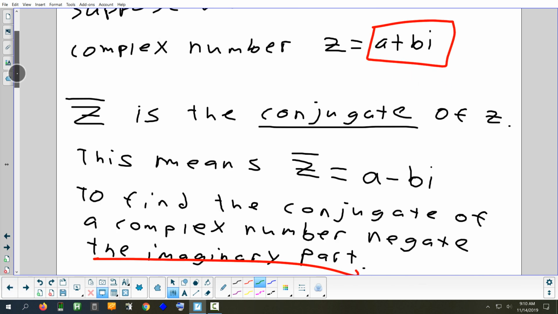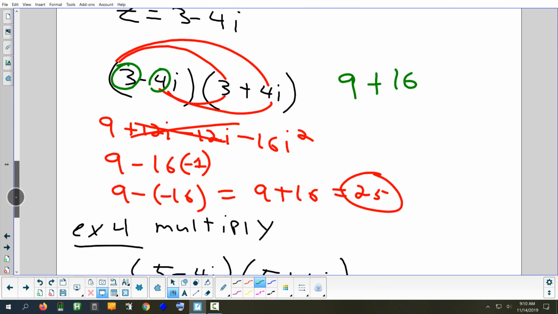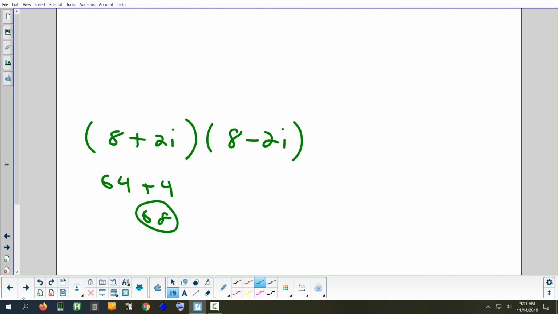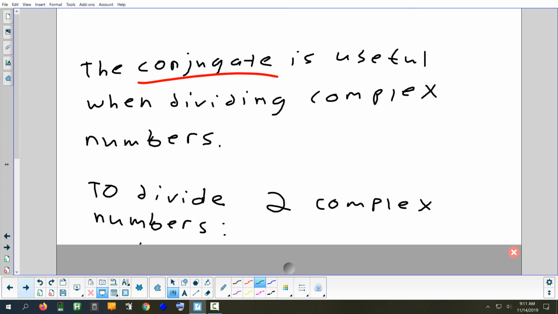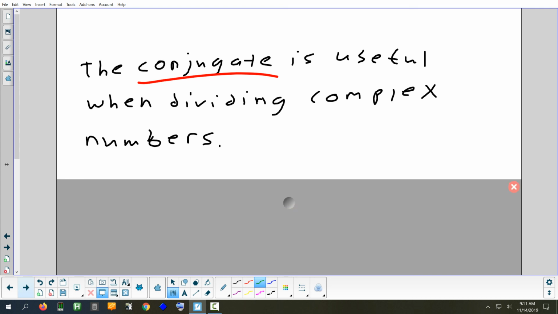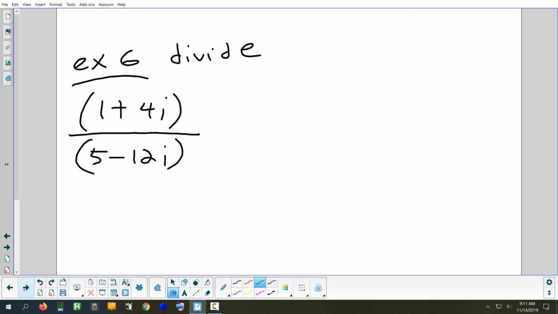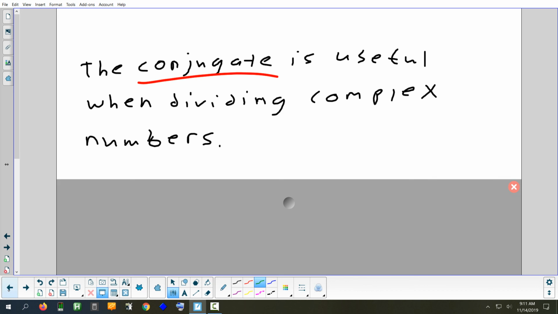Okay, so now we know what conjugates are. We've got a shortcut for multiplying conjugates, if you want to use it. So now where the conjugate comes in handy is when we divide. The problem with dividing is, if you have a problem like that, you're never allowed to leave i's in the denominator. So we have to have a way to make all the i's cancel out and disappear. We do. Conjugate. Whenever you multiply conjugates together, all the i's cancel out.